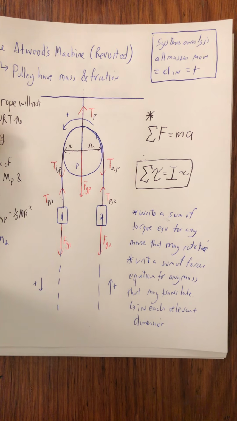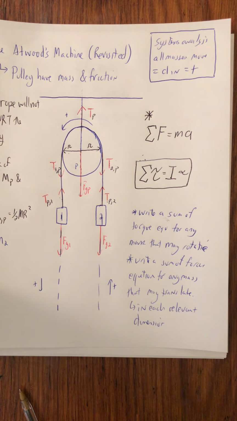So next we have to do a sum of torques equation. If I ask you to write a sum of torques equation, you should stop me and say, I can't do it yet. Why can't I do it yet? If you said, I haven't defined an axis, then you're correct, because that's the critical thing here.